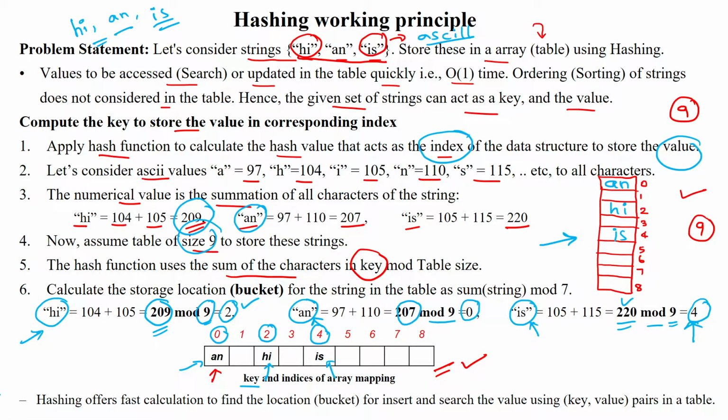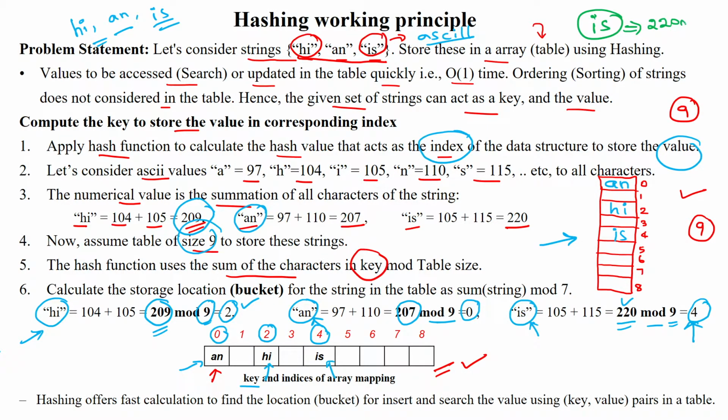Now if I want to update or access that, searching that value in the index, suppose I give the input is, then I will search the hash table to access this data. Is it available or not? First it will calculate the input key, here 220.